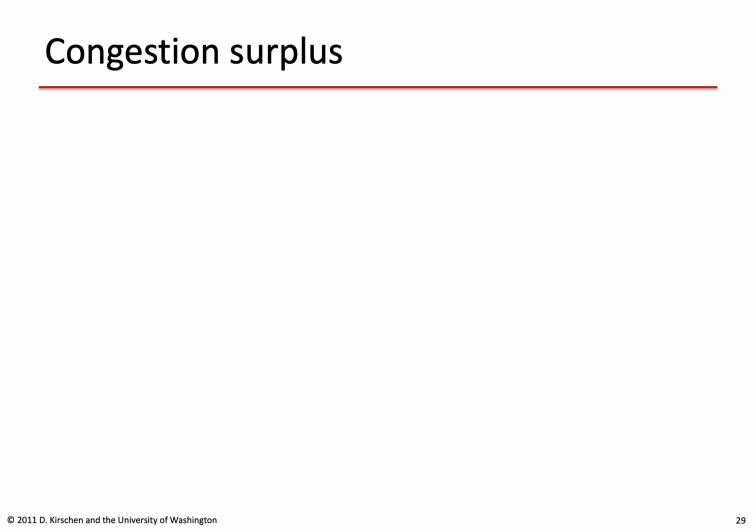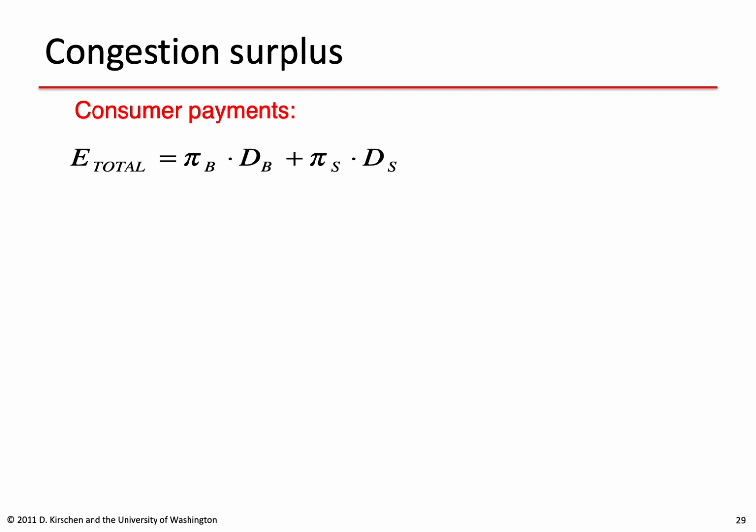Let's take a more detailed look at this congestion surplus that arose when we put a limit on the amount of power that could flow from Borduria to Syldavia. The consumer payments are given by the price in Borduria, pi_B, times the demand in Borduria, d_B, plus the price in Syldavia times the demand in Syldavia.